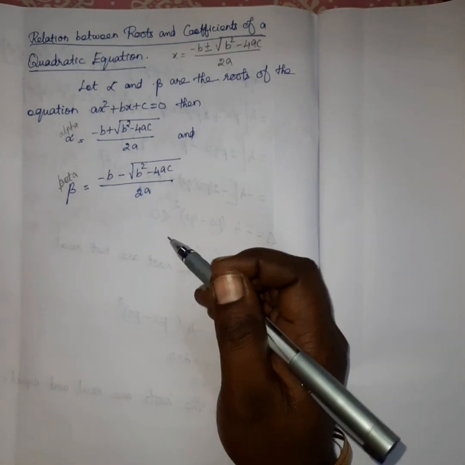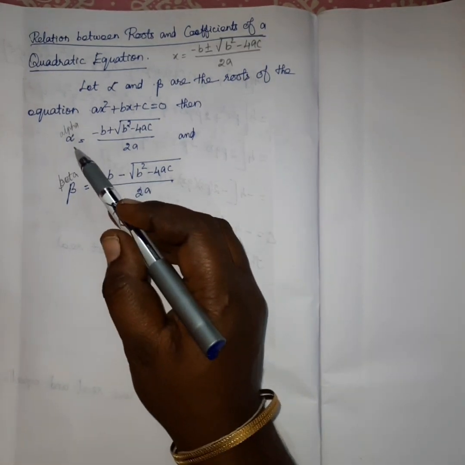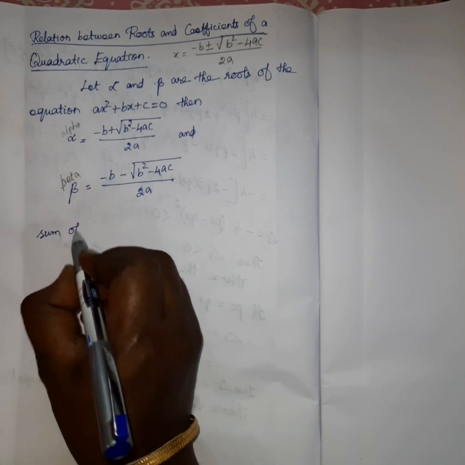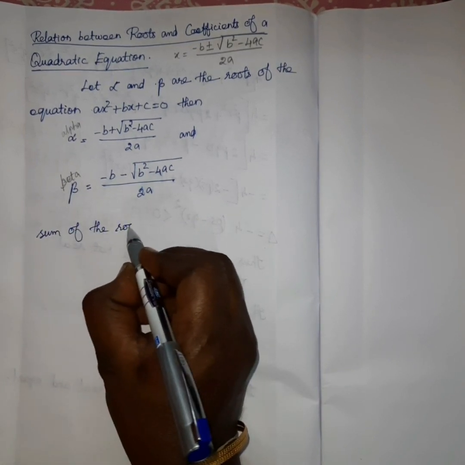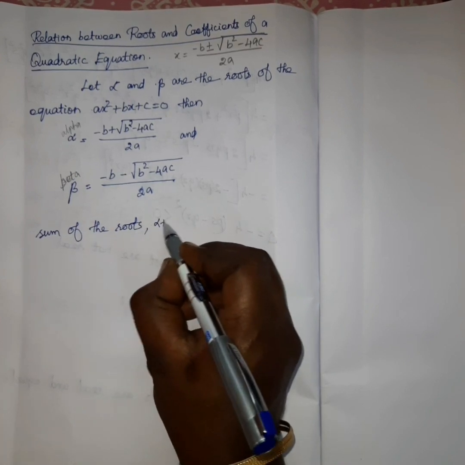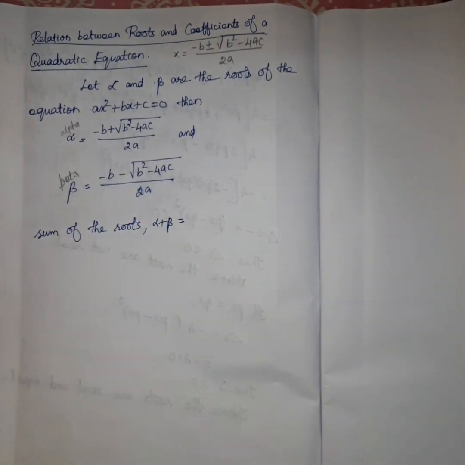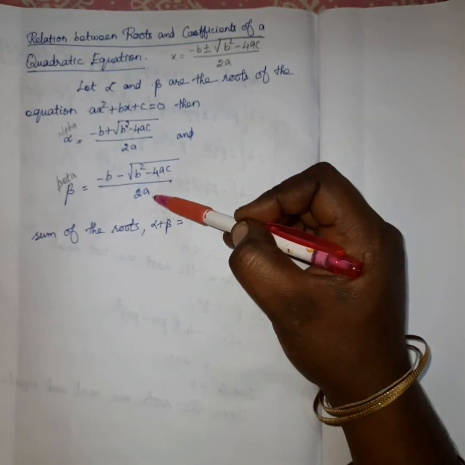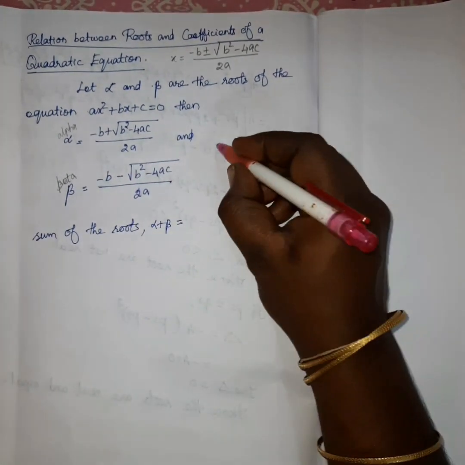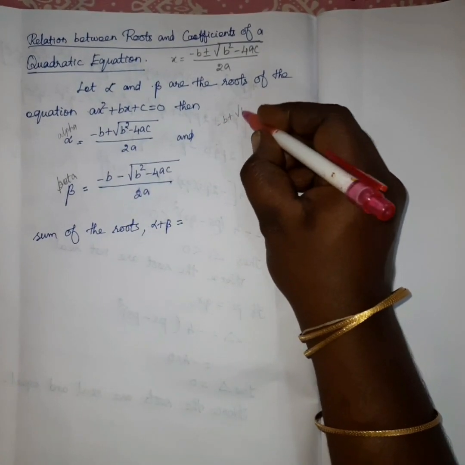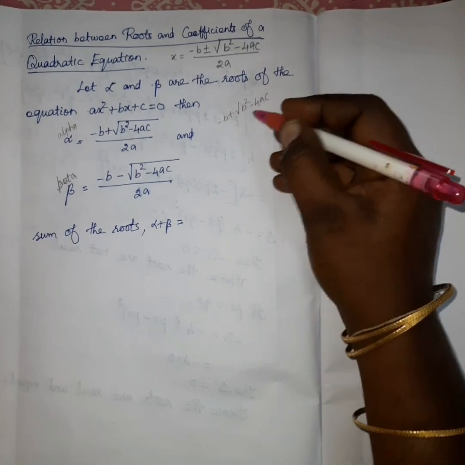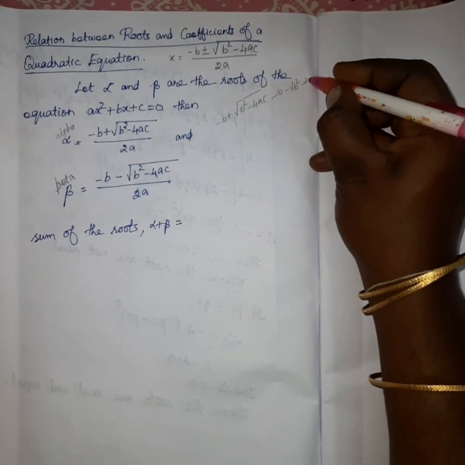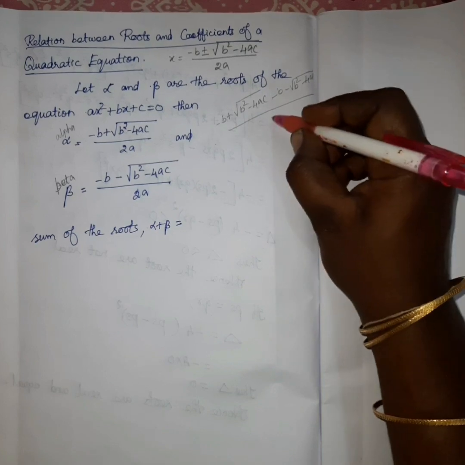Next, we can find the sum of the roots. Sum of the roots means you have to add these two values. Alpha plus beta is equal to, when you are adding these two values, the denominators are the same, so we can add only the numerators: minus b plus square root of b square minus 4ac, minus b minus square root of b square minus 4ac, divided by 2a.